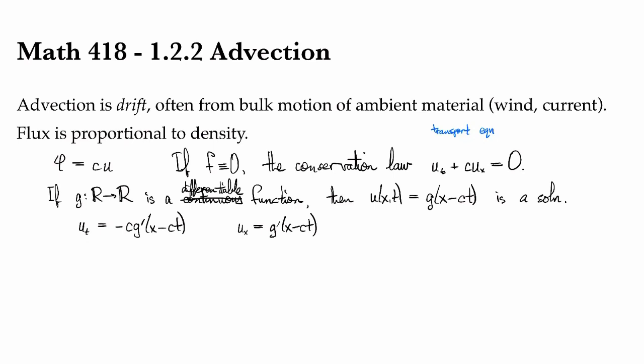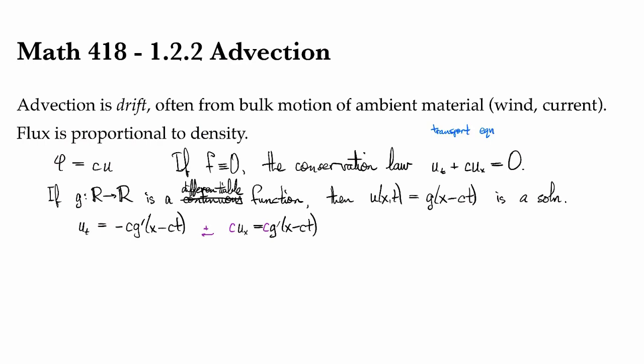So if we multiply the partial derivative with respect to x by some number c and add it to u sub t, you can see those things are going to cancel. Great. So that verifies that it's a solution.